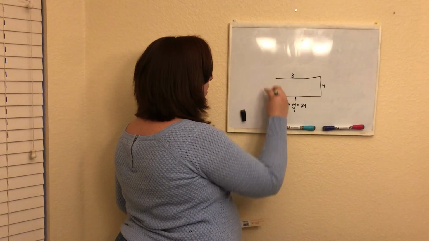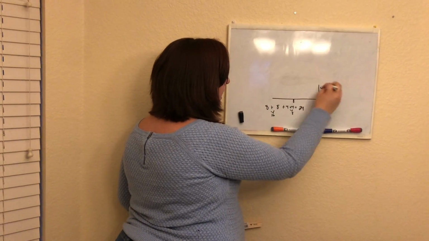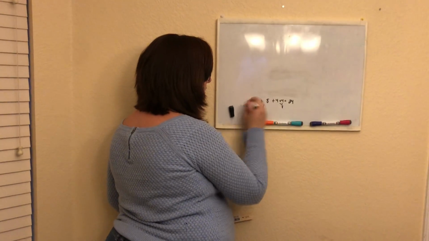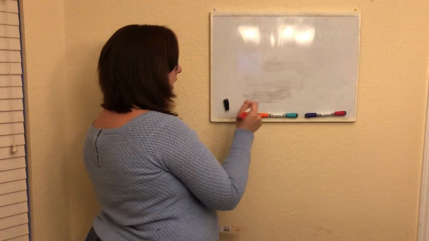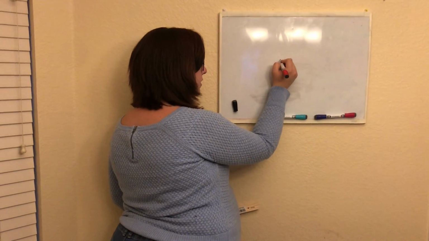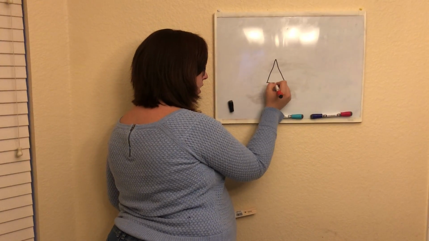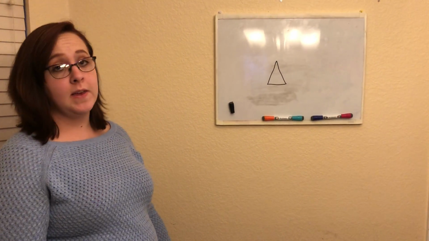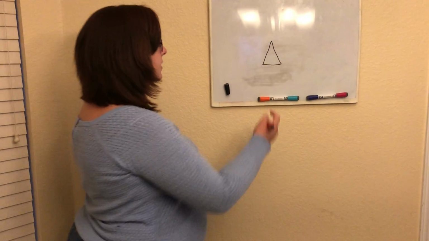Now, can anybody tell me what a triangle is? A triangle is a shape with 3 sides. Okay, do all the sides have to be connected? Yes. Okay, good job. So a triangle is the same way. We get perimeter the same exact way. We have to add all the sides.